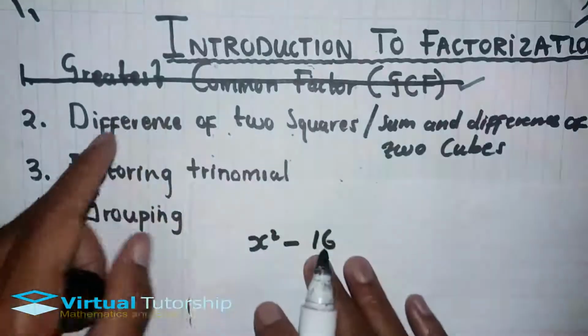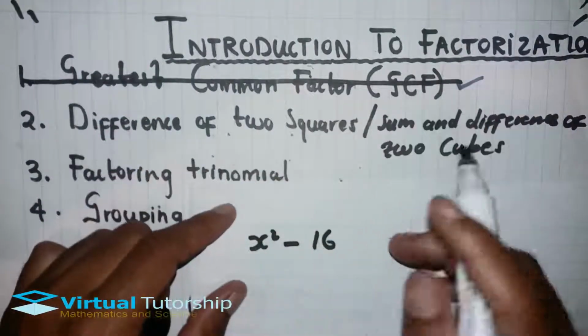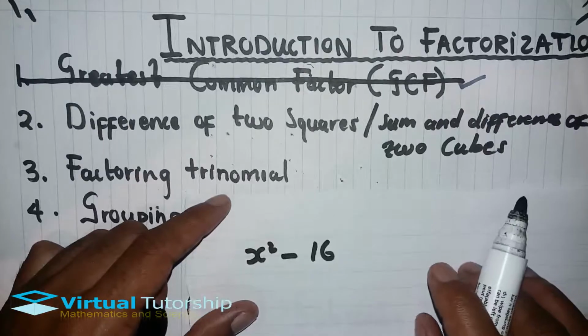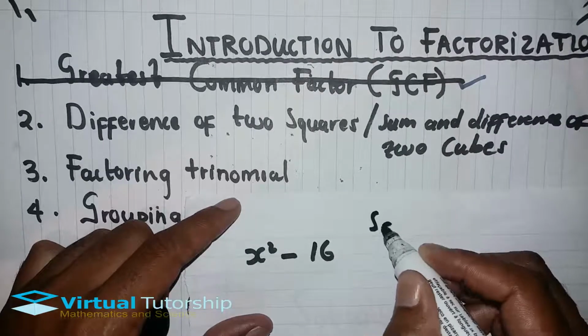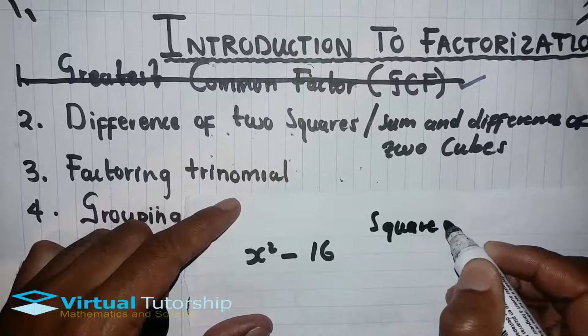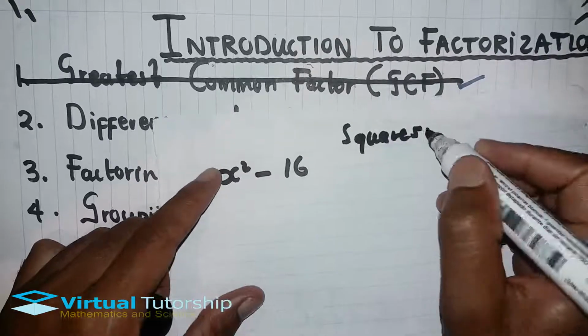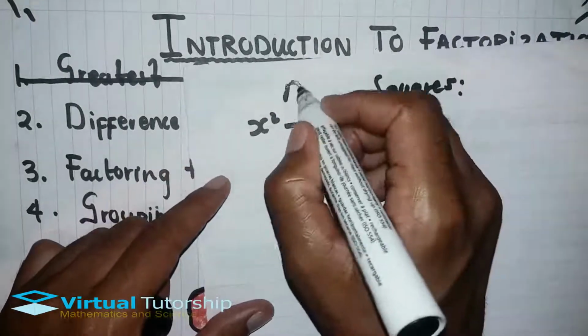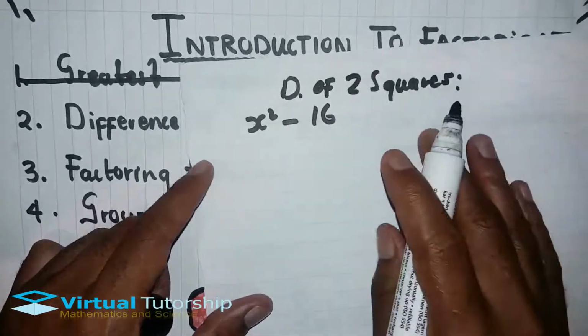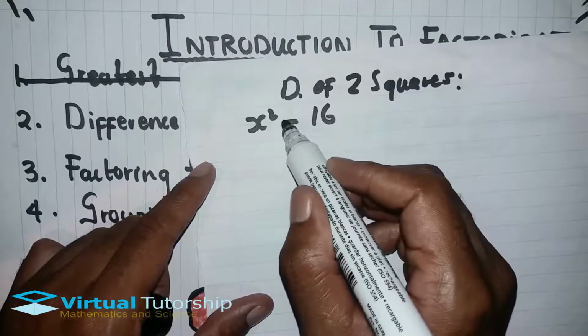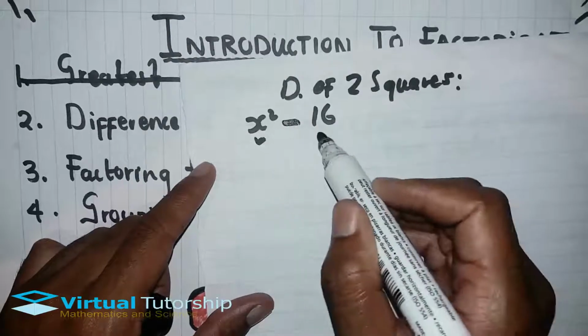Okay, angizosikhuluma ngani the difference of two squares or the sum and difference of two cubes. So asenze so, asidile ngama-squares kuqala. It's what? The difference of two squares.